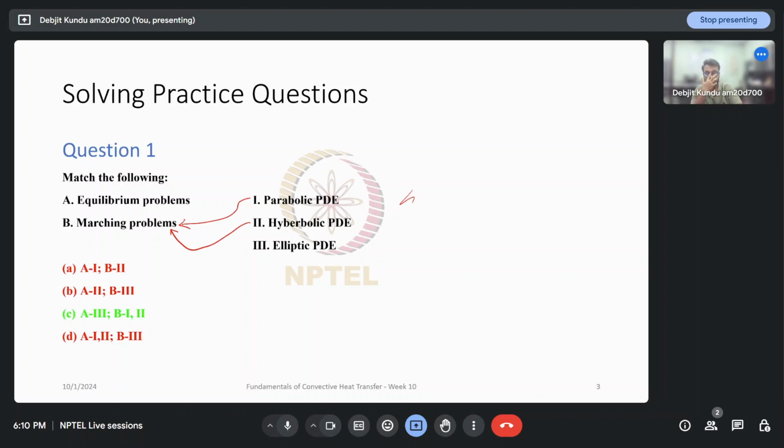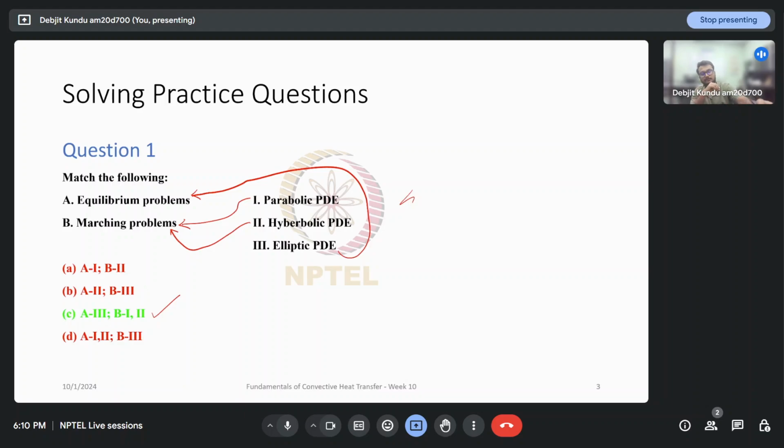The boundary layer equations are an example of that sort. And elliptic PDEs generally correspond to equilibrium problems, something like temperature conduction or diffusion of some concentration. Those are equilibrium problems. So 1 and 2 correspond to B and A corresponds to 3. So that is option C, A3 and B1, 2.